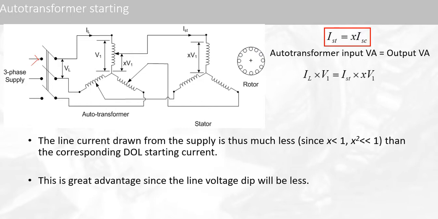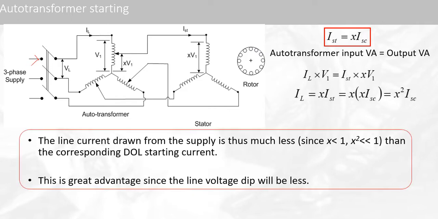The output volt ampere is equal to IST into X into V1, and similarly the input volt ampere is equal to IL into V1. So we know that IL is equal to X into IST. Here the starting current of the machine is equal to X into ISC, so the overall line current drawn from the main supply is equal to X square into ISC.